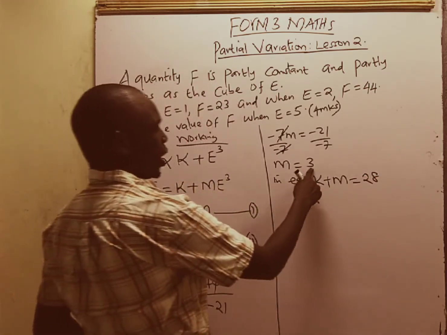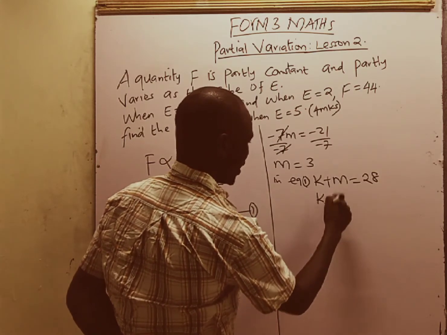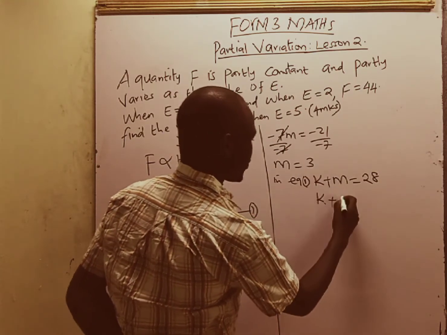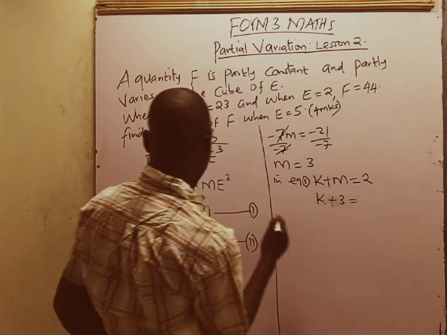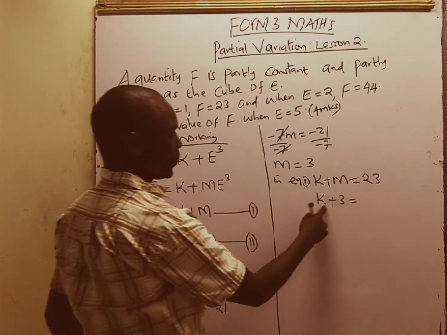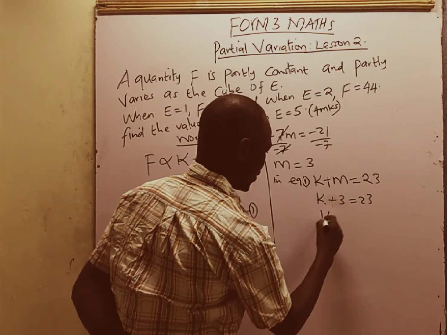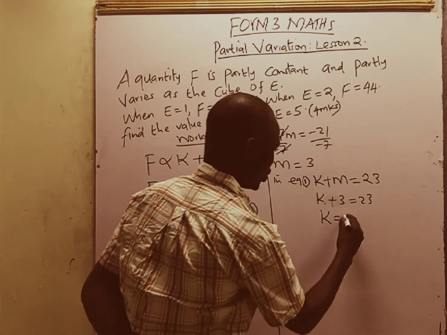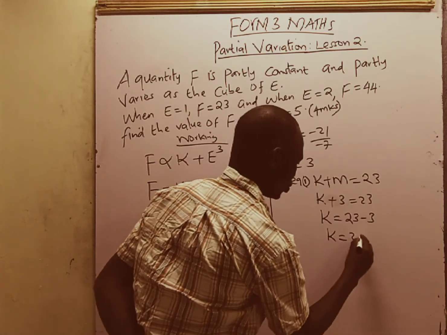So already we know our m, therefore k plus m, and m is 3, this one will give us 23. So k plus 3 will give us 23. So if we move 3 to the other side, k is going to be equal to 23 minus 3. Therefore k is going to be 20.